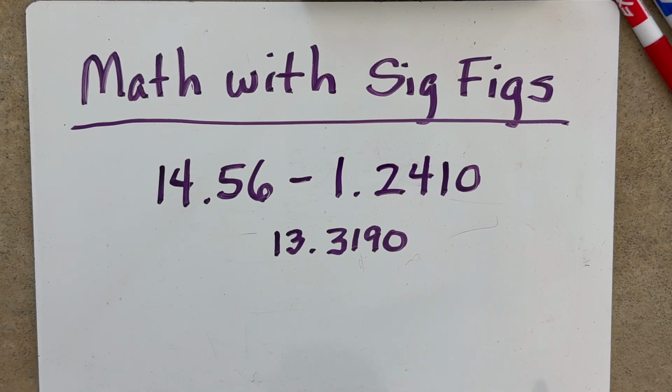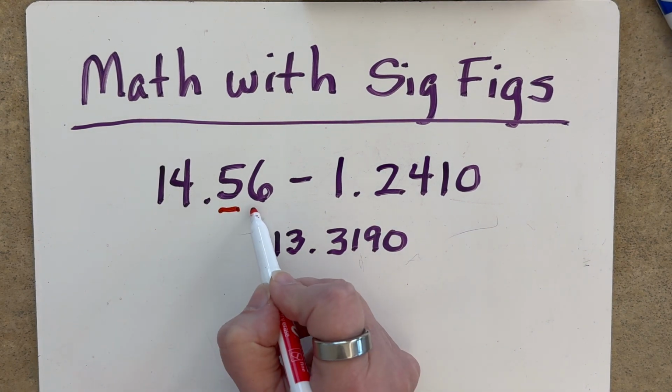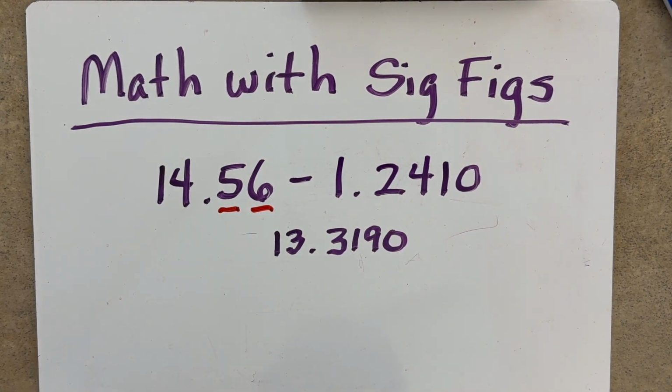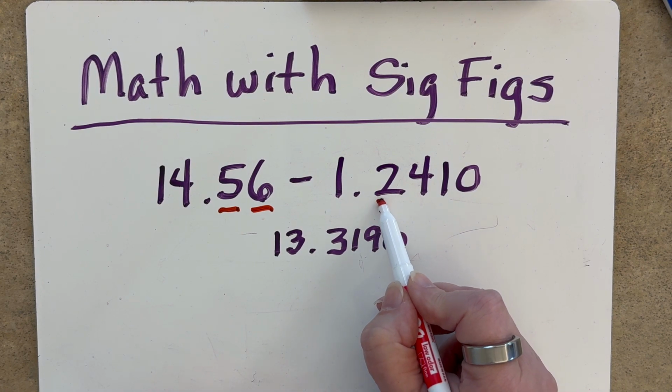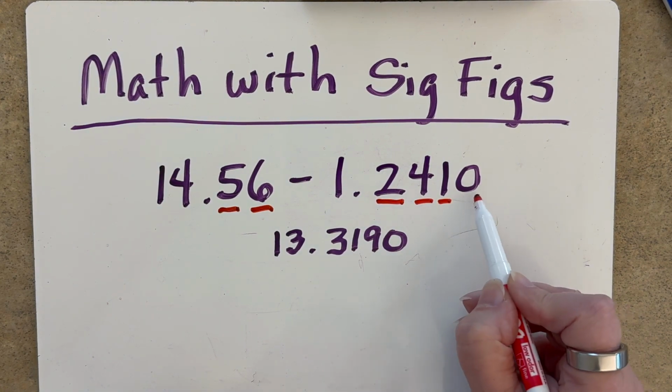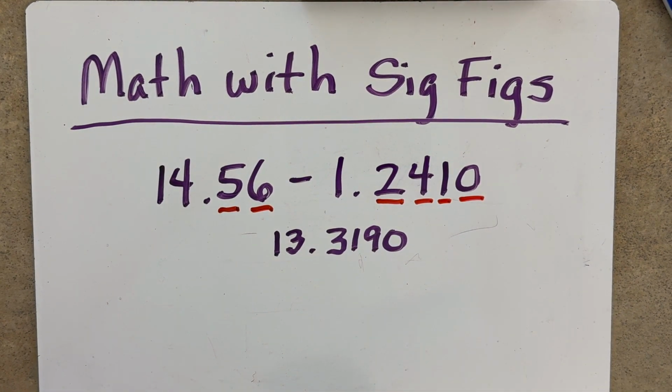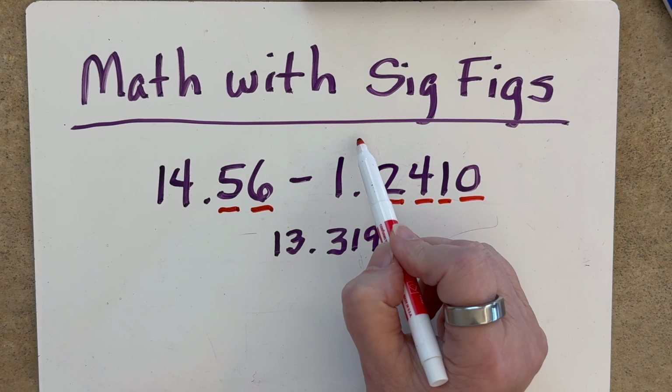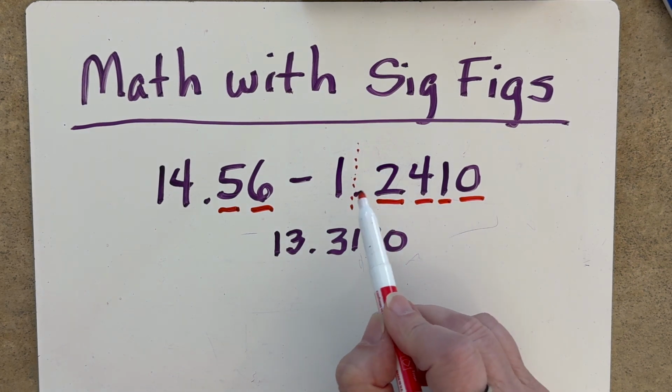For addition and subtraction, all that matters are the number of decimal places. So this first number has 1, 2 decimal places, and our second number has 1, 2, 3, 4. Doesn't matter if there's zeros or non-zeros. It's just how many to the right of the decimal point.